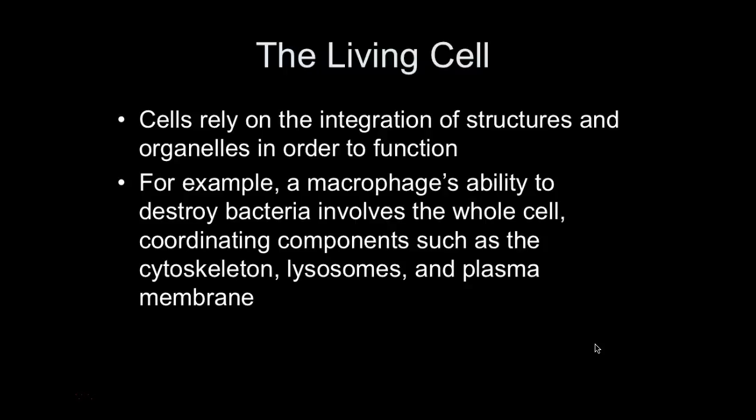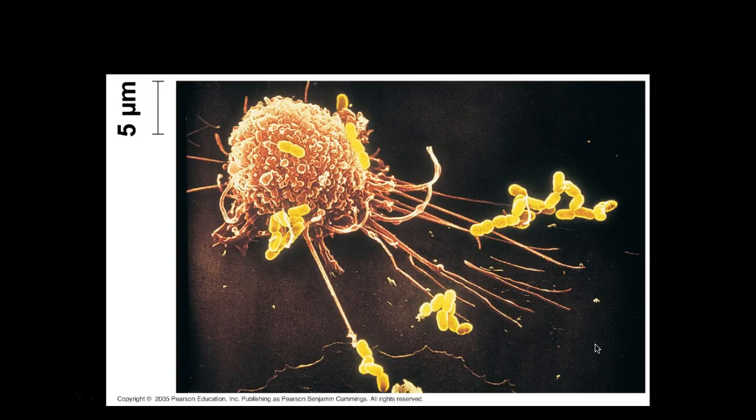For example, a macrophage's ability to destroy a bacterium involves the whole cell coordinating components such as the cytoskeleton, lysosomes, and the plasma membrane. And there's your picture of a macrophage taking in bacteria cells.